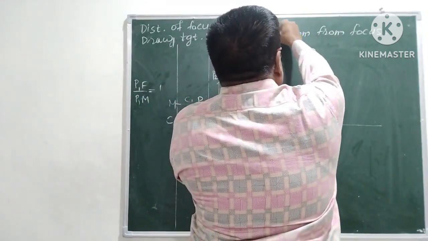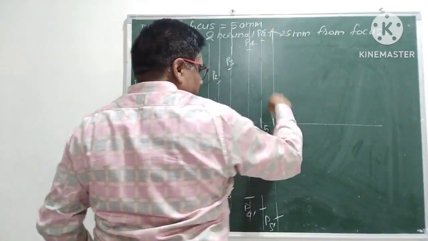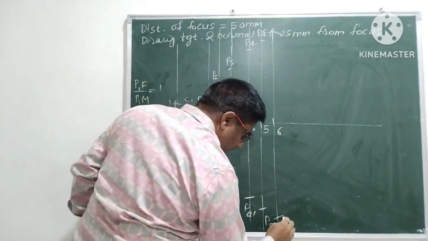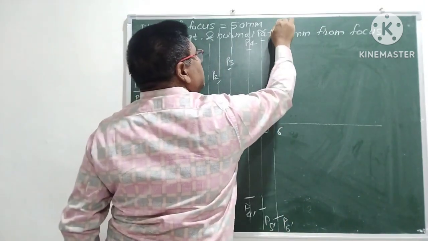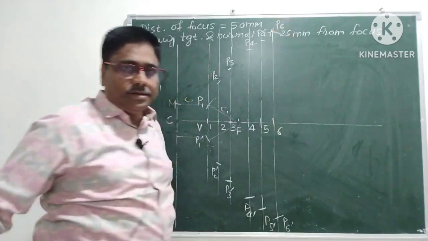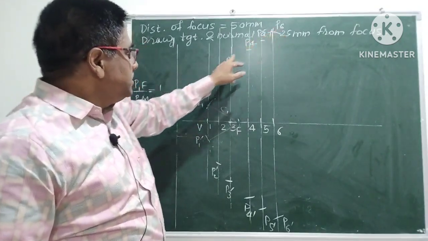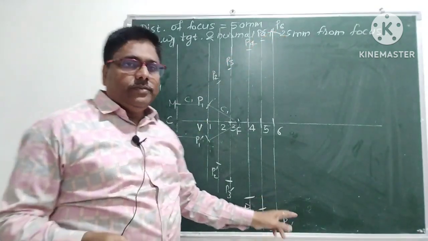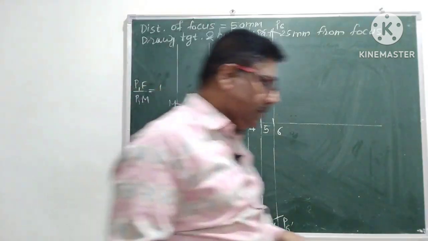Take C6 distance in the compass and cut the line passing through 6. This is P6 dash and this point is P6. Now draw a smooth curve passing through all these points. We get the parabola by the focus directrix method.